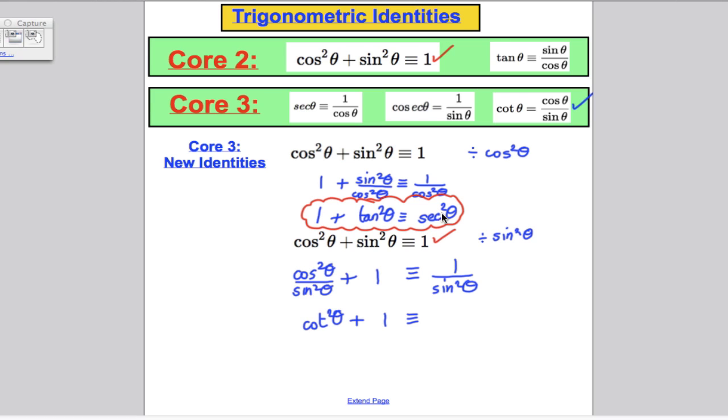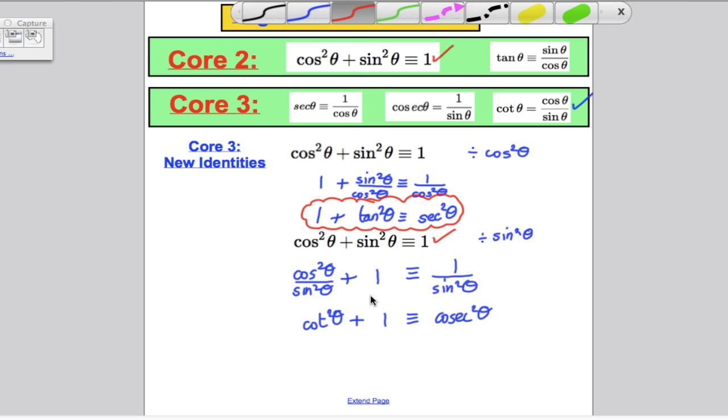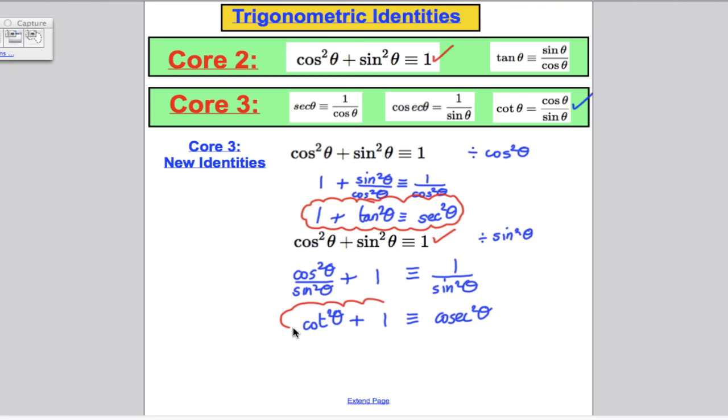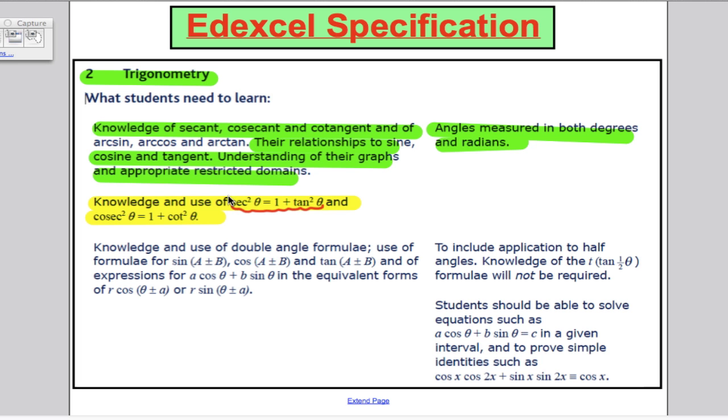So 1 over sine squared theta must be cosec squared theta. And hence we have another identity which we're going to use throughout Core 3. And it's that cosec squared theta is 1 plus cot squared theta, or cot squared theta plus 1. And we've derived those two identities.